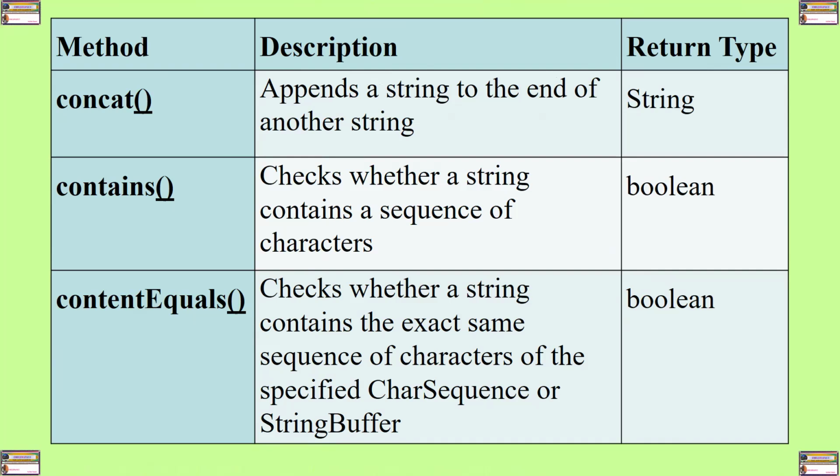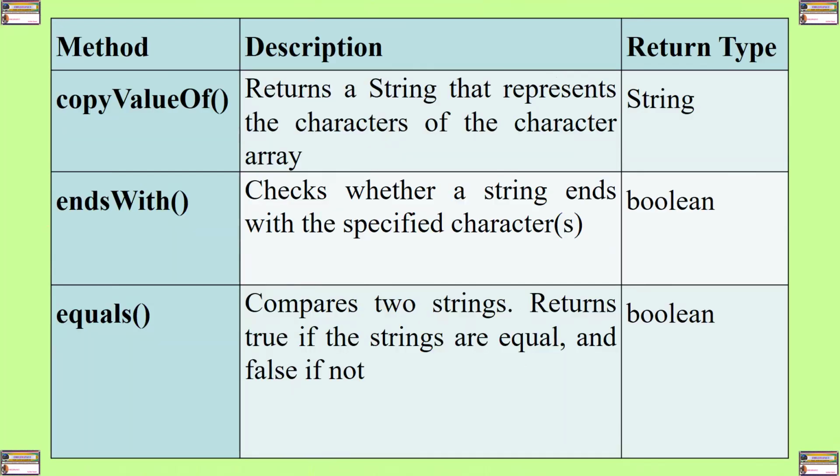We have contains. It checks whether a string contains a sequence of characters. contentEquals checks whether a string contains the exact sequence of characters of the specified CharSequence or StringBuffer. We have copyValueOf. It returns a string that represents the characters of the character array.